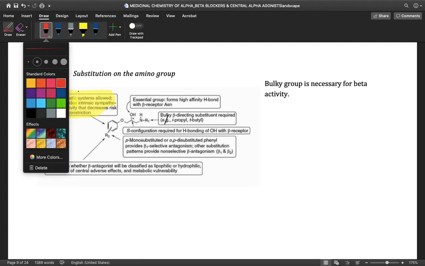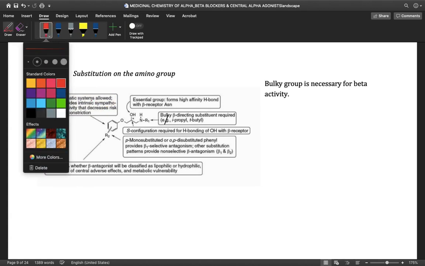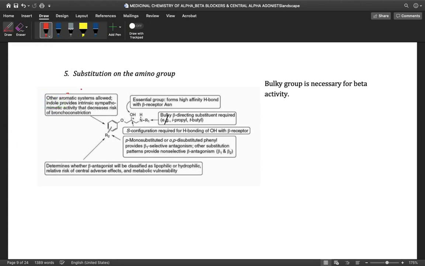So you have other aromatic systems that are allowed, but when you have an indole, you have intrinsic sympathomimetic activity. The ortho pattern of substitution is going to give you beta 1 selectivity.